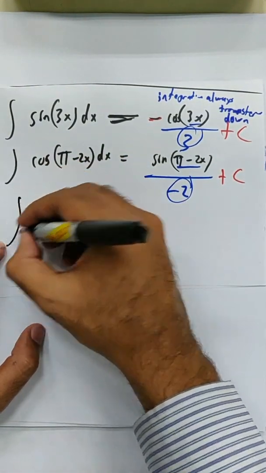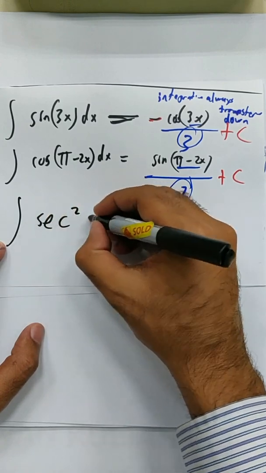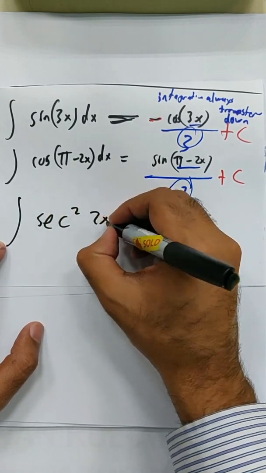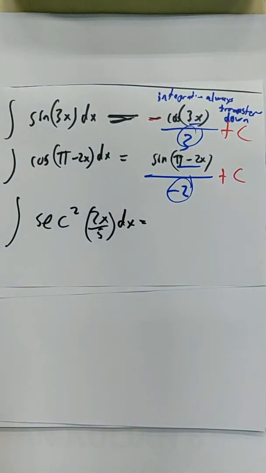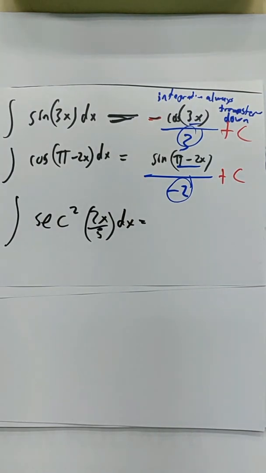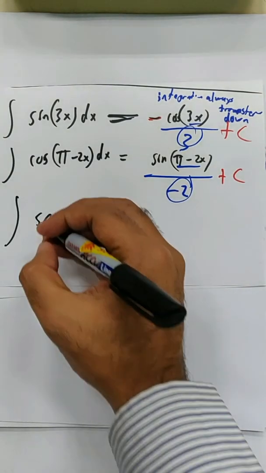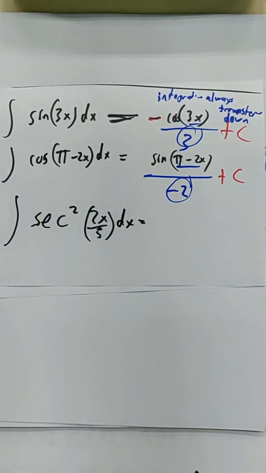Now what about this? Integrate sec squared. Ask your question back: differentiate what to get sec squared? Tangent.